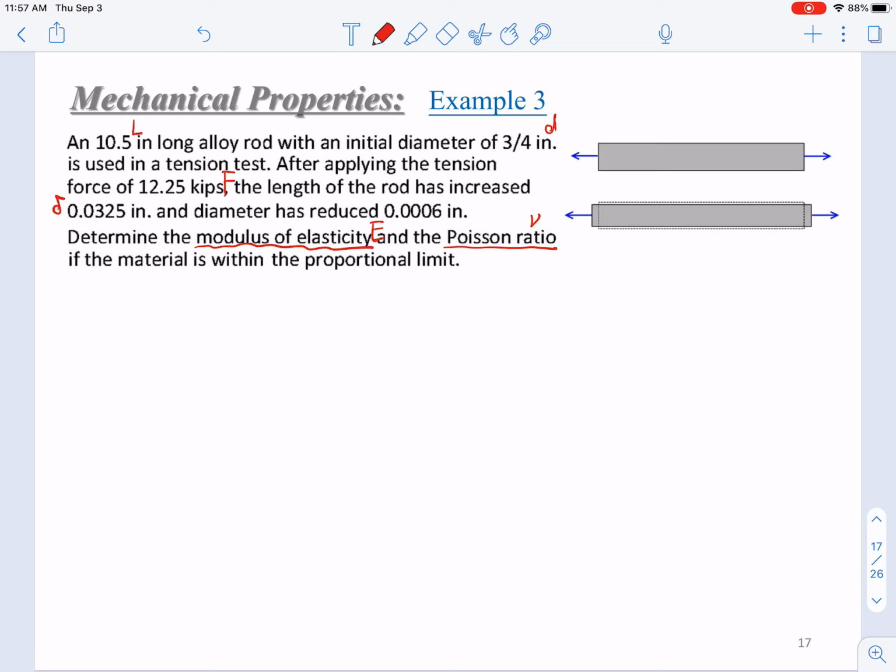That is the deformation along the lateral direction. So we will see how to use it later.